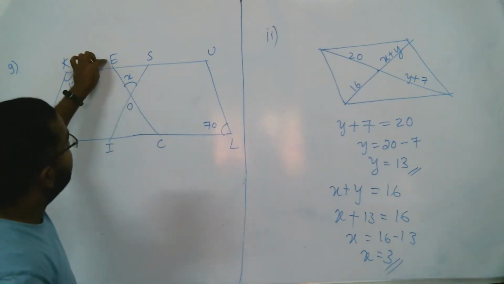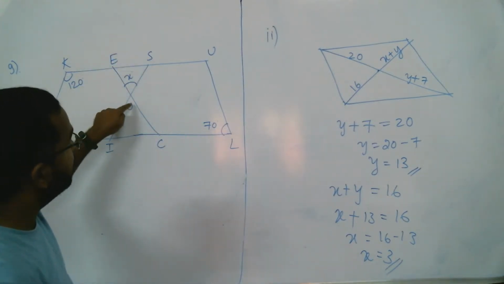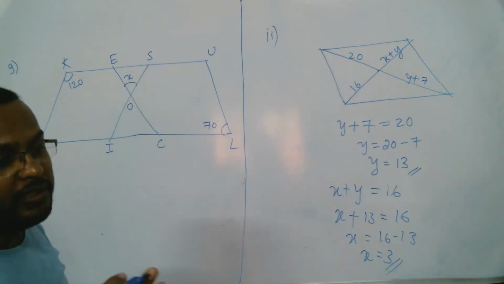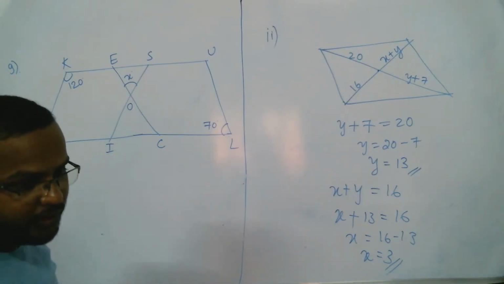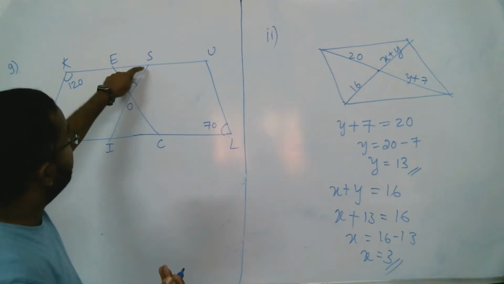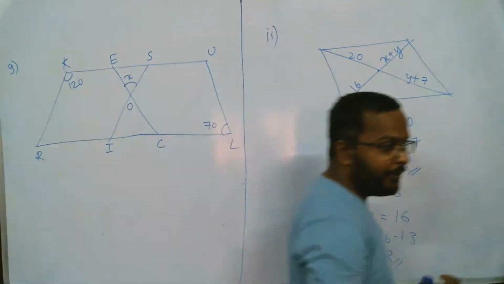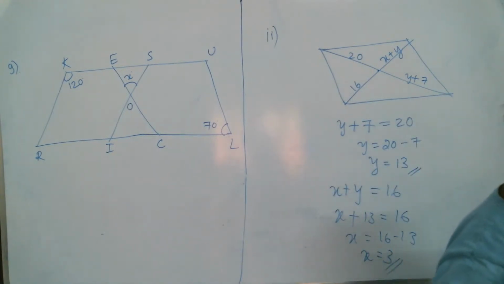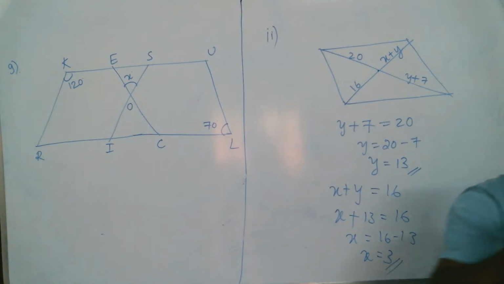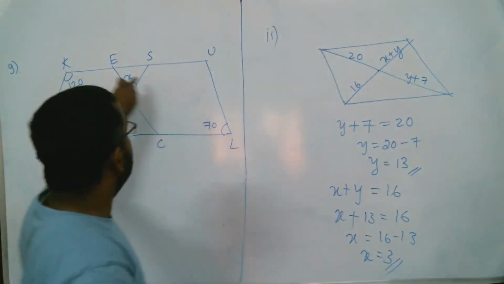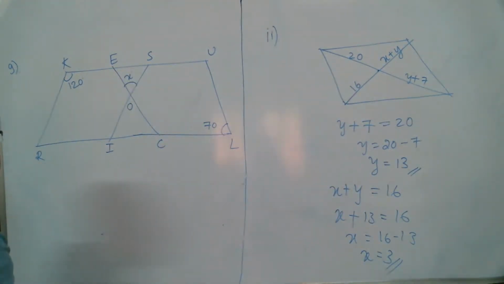In this triangle, when you add all these three angles, their sum is becoming how much? 180 degrees. So very good, Arun has given the answer. When you add all these three angles, their sum is 180 degrees.